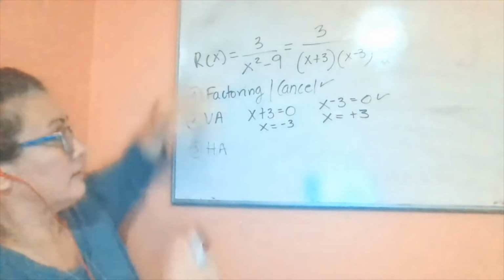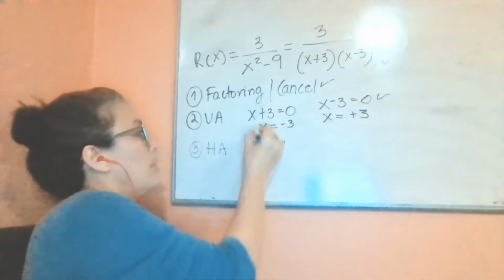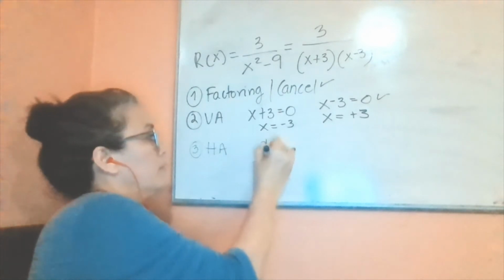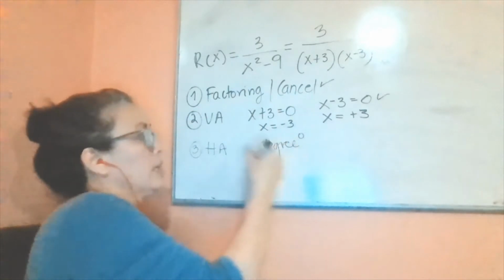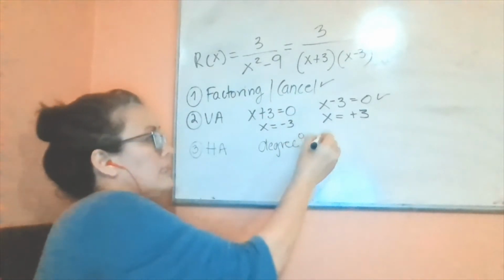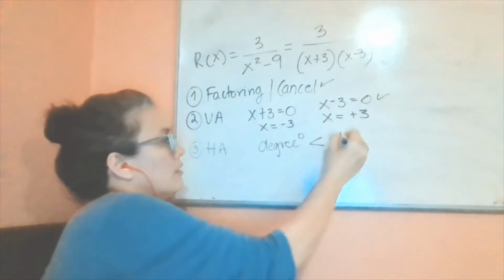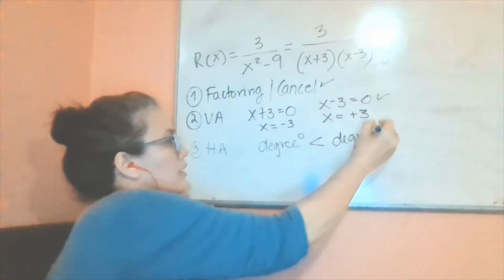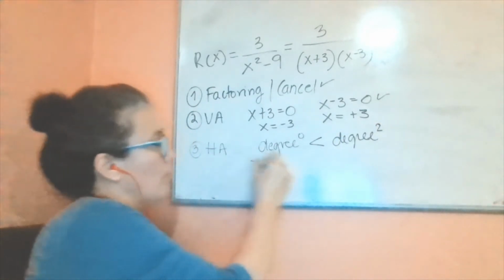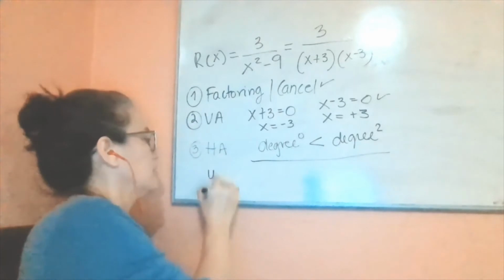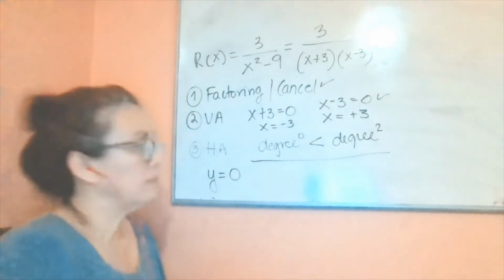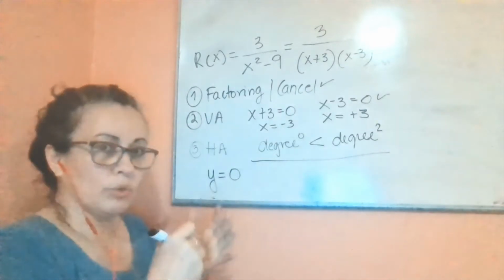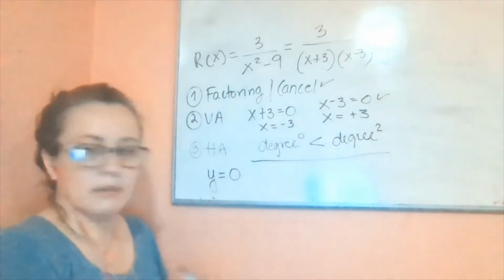That's the case over here, because you have degree 0, because this one doesn't have a degree and is 0, is less than degree 2. So when we have this case, the horizontal asymptote is y equals 0, okay? We did 1, 2, 3. We're going to do 7 steps.